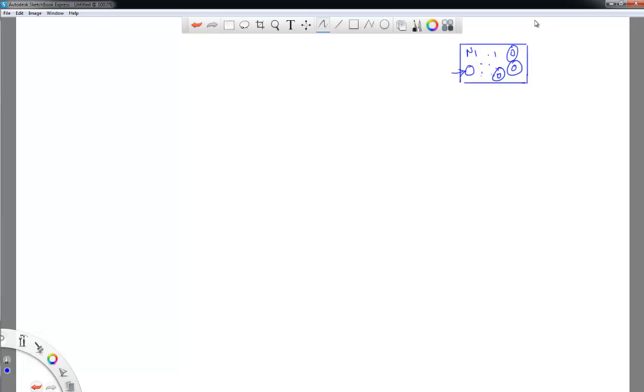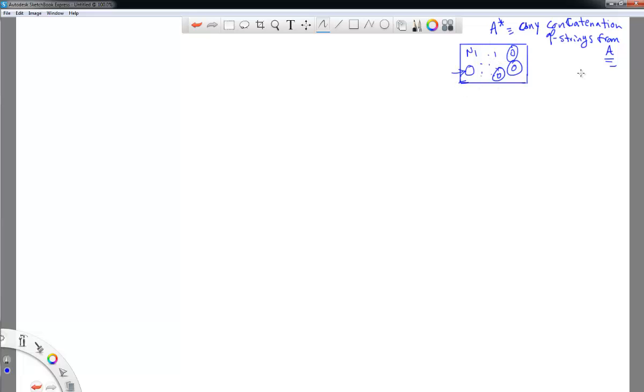As I said, A star is effectively any concatenation of strings from A. So it should look like the form of a concatenation.